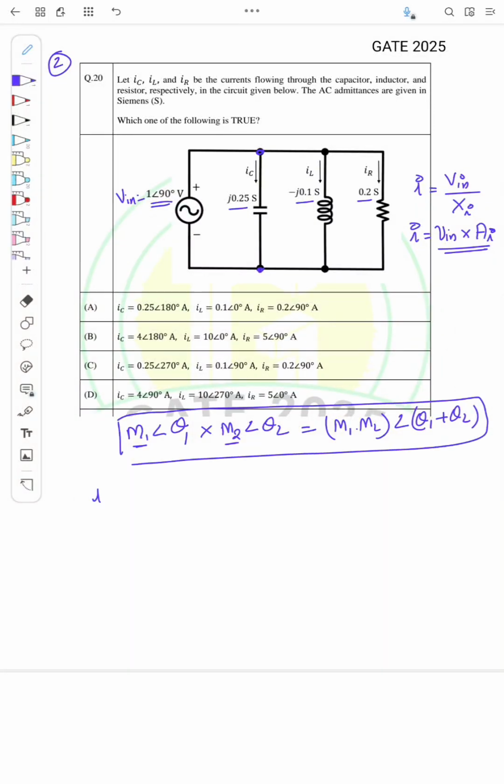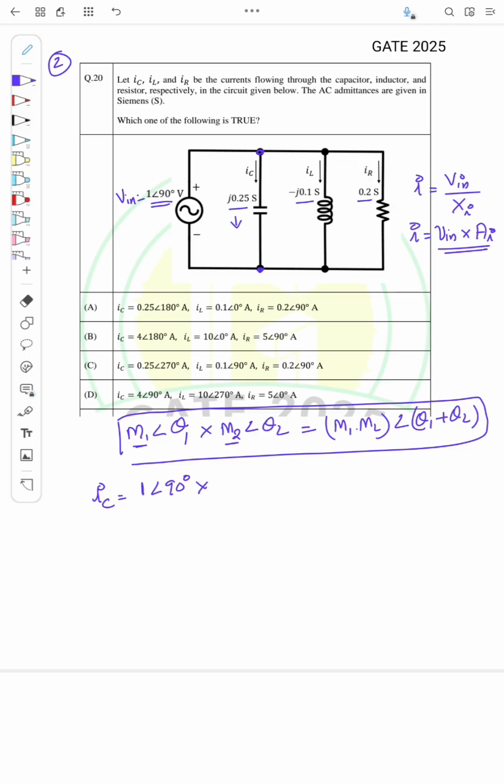So we'll find the current IC. The current IC is equal to the voltage across the capacitor, 1 angle 90, into the admittance j0.25, right?